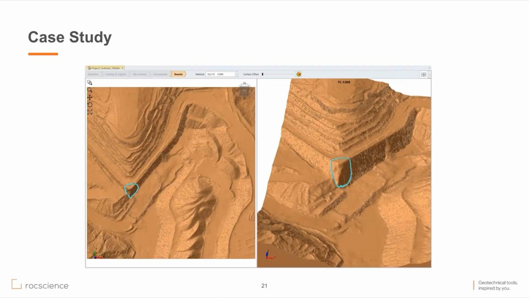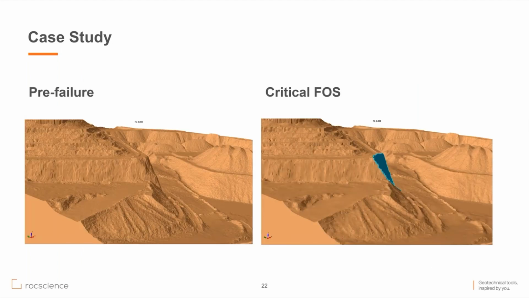In this model, I've applied an anisotropic material model to simulate weaker ubiquitous joints that have the potential to form a wedge or planar failure through the bore nose. The results are a factor of safety of less than 1 that simulates a sliding failure mechanism through the bore nose. These next few slides show different perspectives of pre-failure geometry on the left and the geometry of the critical failure surface on the right.